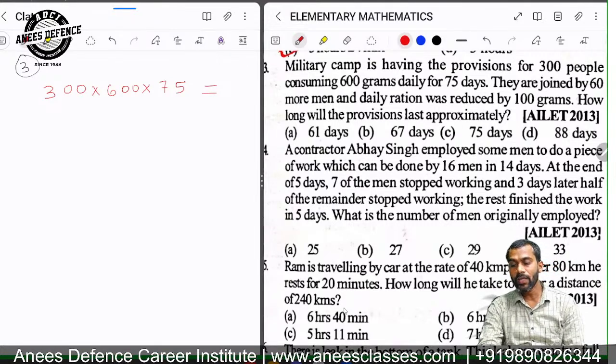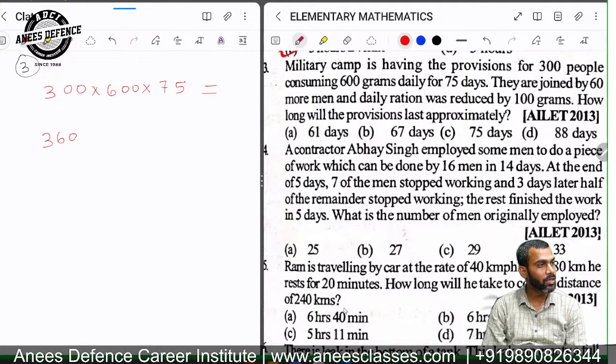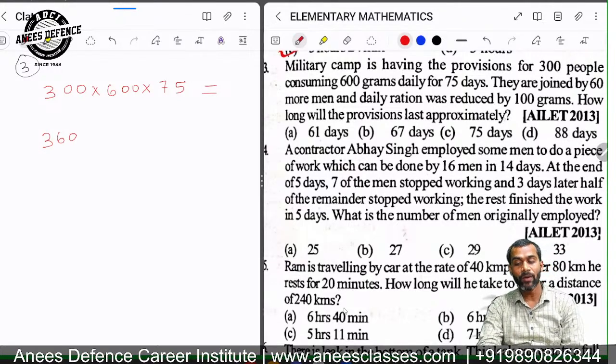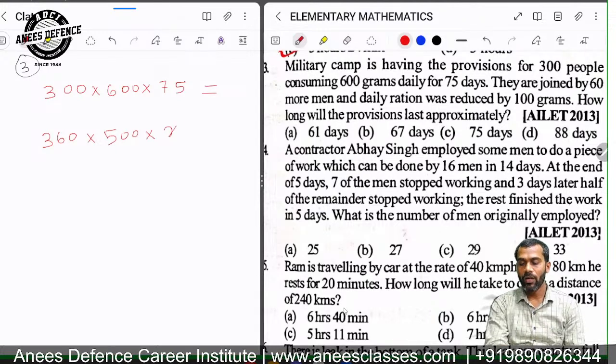They are joined by 60 more men. It means the new number would be 360. Yes or no? And the daily ration was reduced by 100 grams. So previously it was 600, so it becomes 500. Very good. Now let us assume that there are X days in the second case. Now you just simplify it.